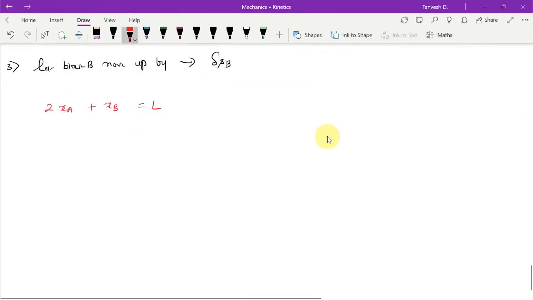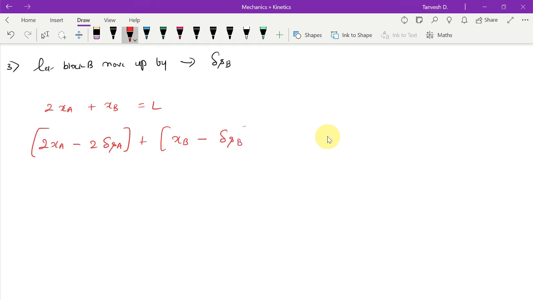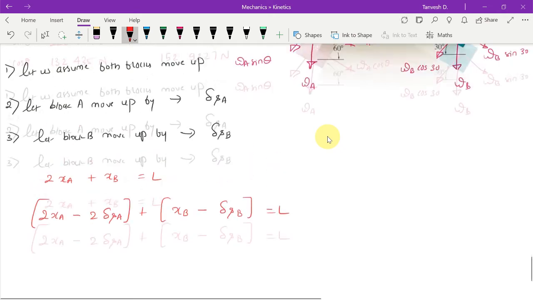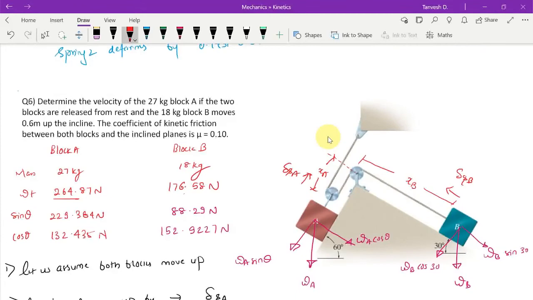So what will happen is 2 times XA minus 2 times delta SA plus XB minus delta SB is equal to L. You need to understand that this length never changes. It will always get compensated with whatever changes are happening.